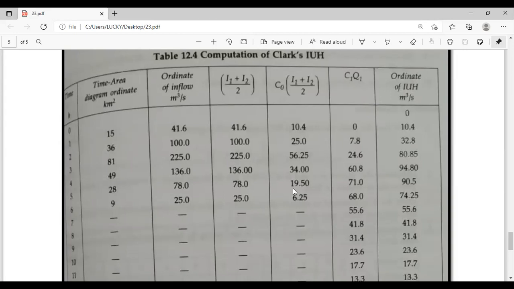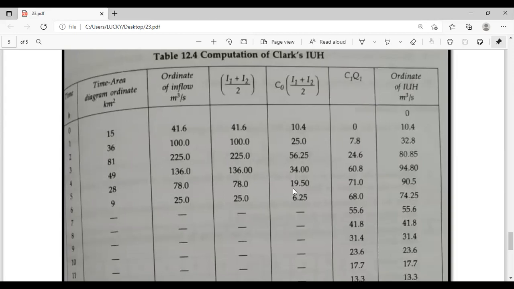Here, ordinate of inflow in meters cube per second is 41.6, 100, 225, 136, 78, 25.